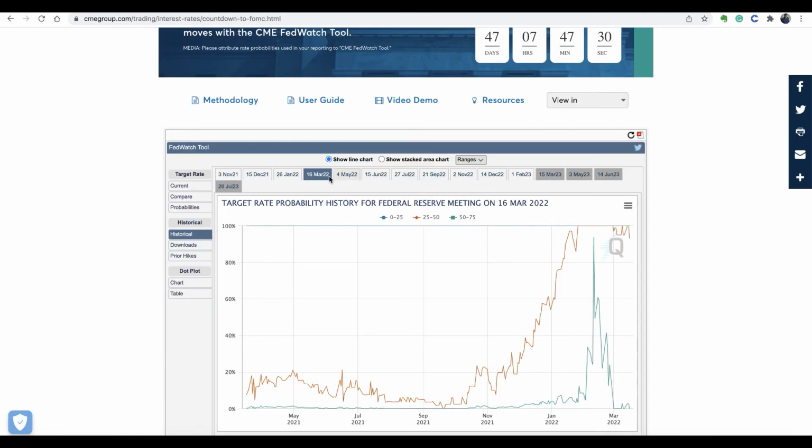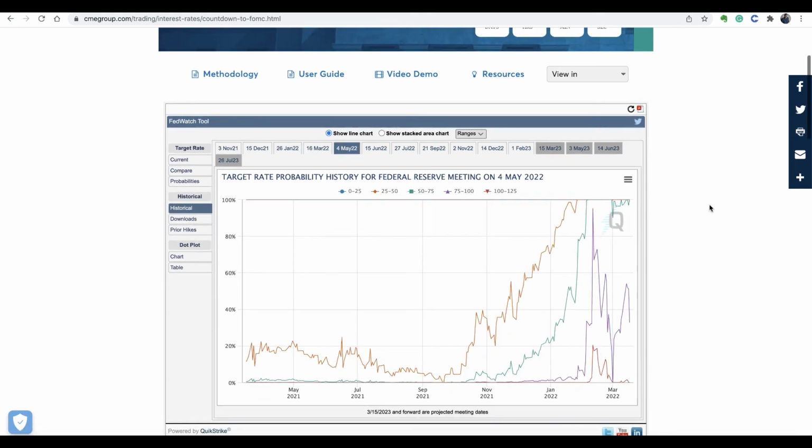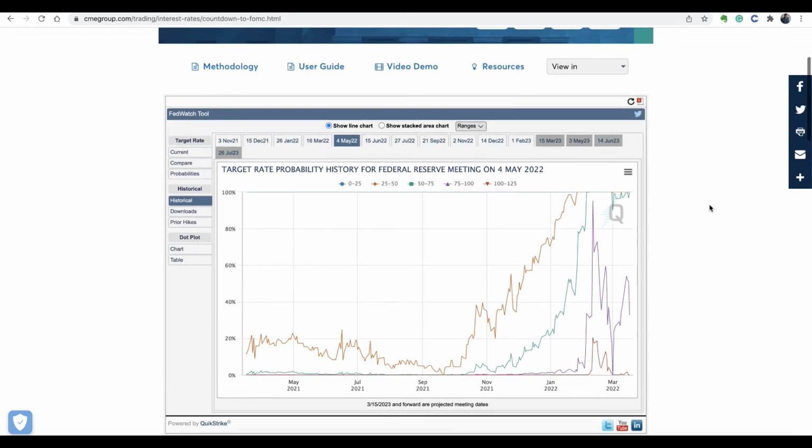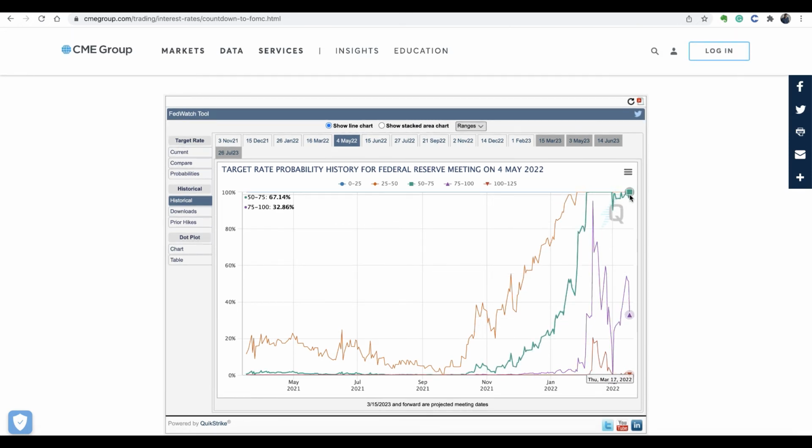So if we go to the May meeting, to the meeting in May 2022, what do we see here? Well, we have probabilities of a two-step hike for May at around 67%. Probably we will have this interest rate hike in May. As for 75 towards 100, we have 50% of probability.